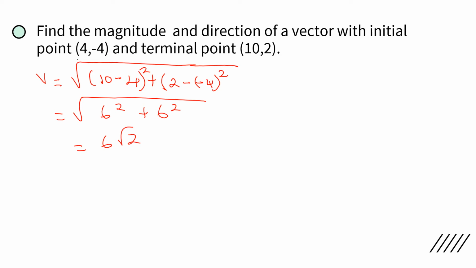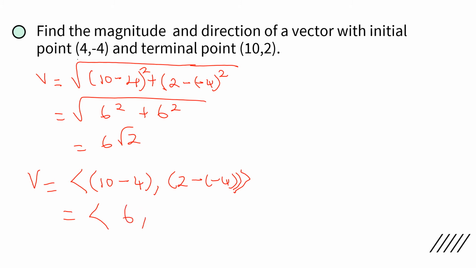And to find the direction, we find the component form of the vector, which we just found here. So v is equal to 10 minus 4, 2 minus 4, which is equal to 6 and 6.